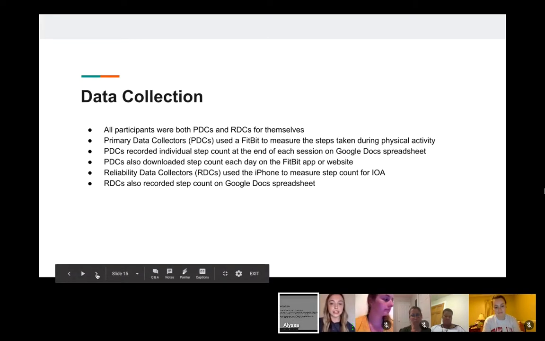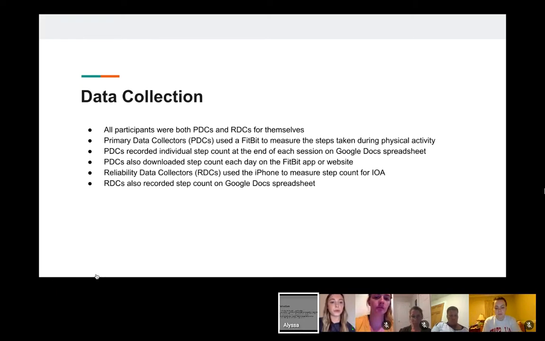For the data collection, all participants were both primary data collectors and reliability data collectors for themselves. Data collectors used a Fitbit to measure the steps taken during physical activity. They recorded individual count at the end of each session on the Google Docs spreadsheet, and then downloaded step count each day on the Fitbit app or website.